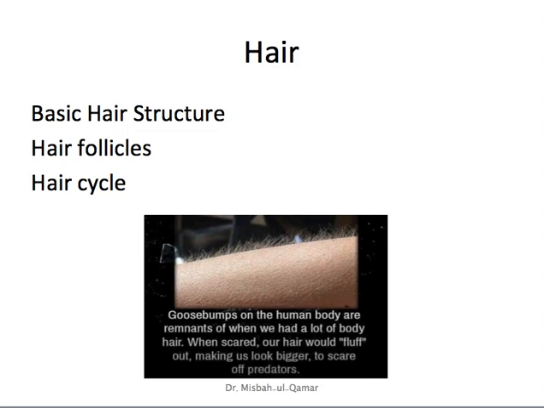Now what is a hair follicle? You see, the hair follicle is a specialized skin structure and it contains the hair bulb, keratinocytes and associated glands. What actually happens is that the epidermal cells form a tube-like structure and extend into the dermis, and a bundle of erector pili smooth muscle is associated with every hair follicle.